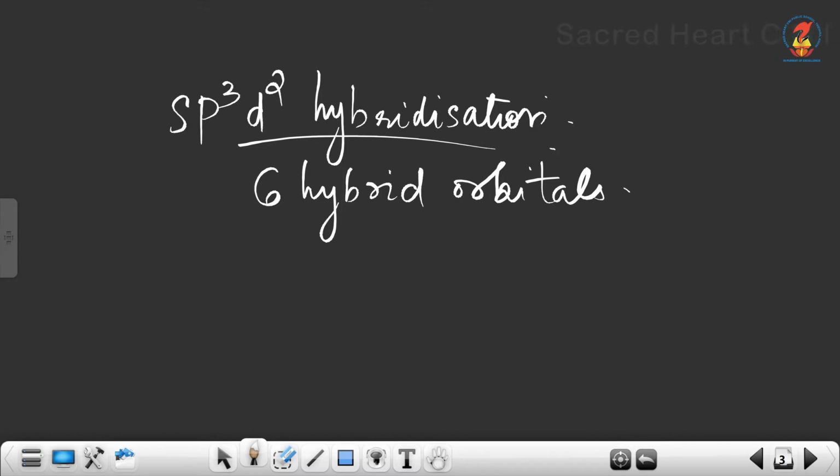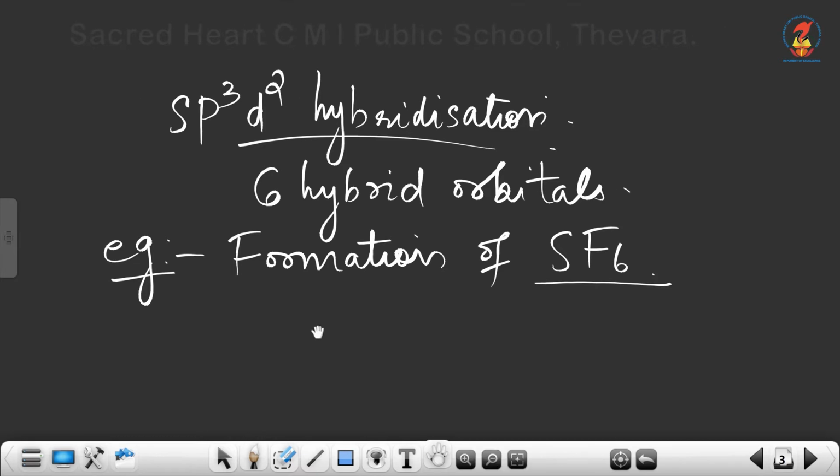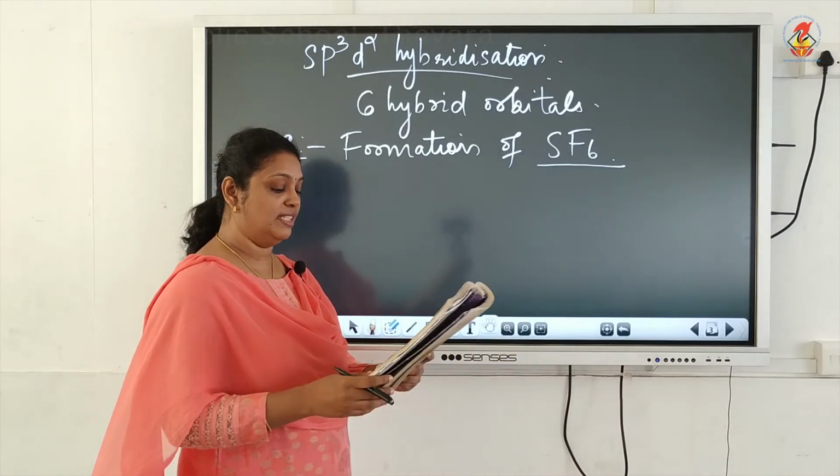Now let us discuss sp3d2 hybridization taking the formation or shape of the SF6 molecule, sulfur hexafluoride. Okay, now how will you explain the shape of the SF6 molecule?